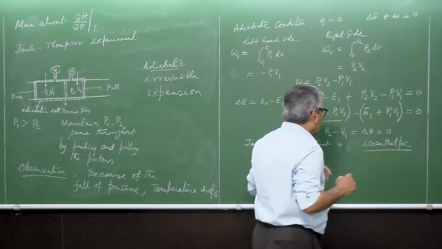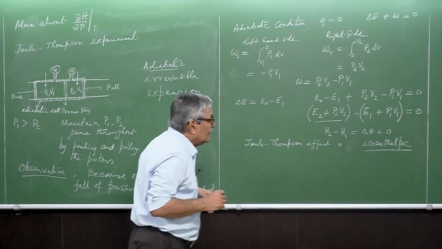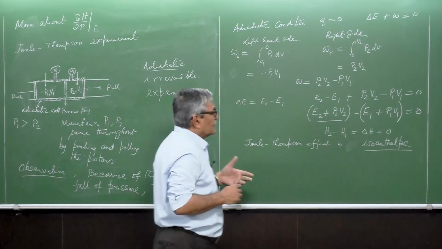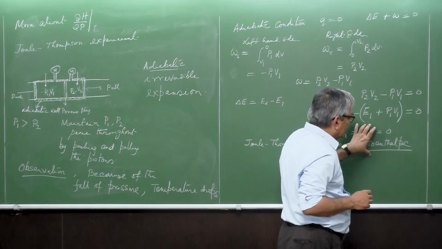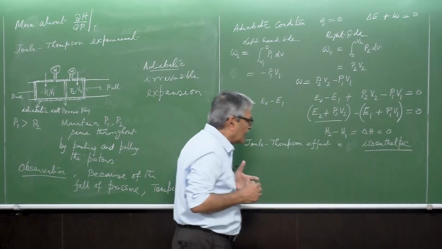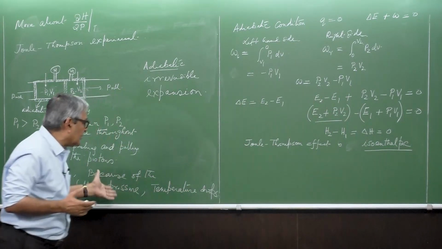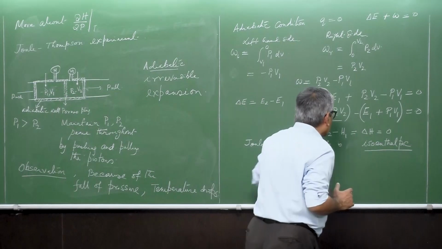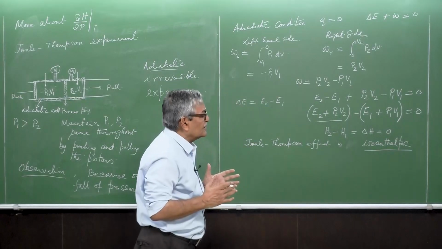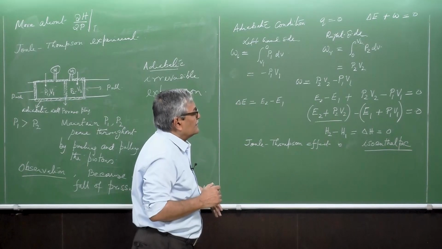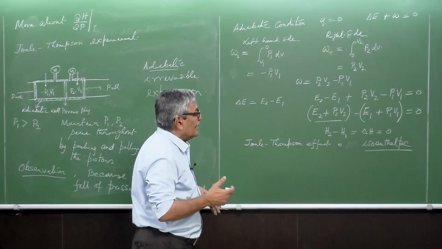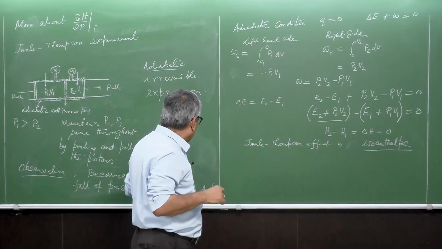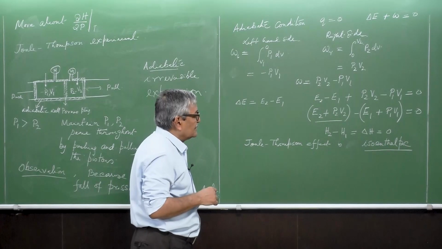Now if we look at the system, what are the basic consequences of these things? What is the relation between the pressure drop and the temperature drop? That is an important question. Now the pressure drop delta P has to be related to the temperature drop in some way, and that is the basic observation that I can see.